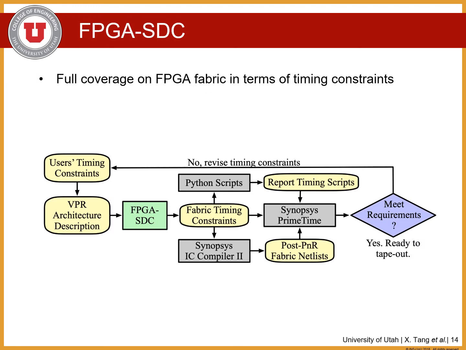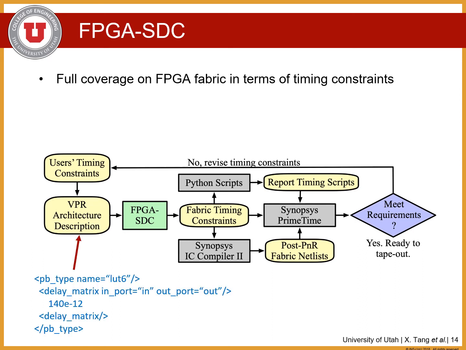Last but not least, OpenFPGA also integrates an SDC generator we call FPGA-SDC, which can auto-generate timing constraints to cover the full FPGA fabric. In particular, we allow users to define their timing constraints in the VPR architecture description file. Take the example here.